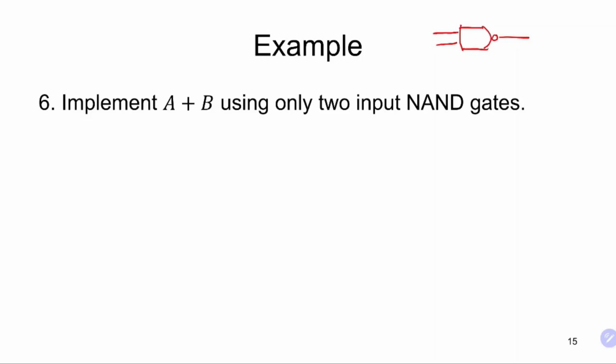So how do we do that? De Morgan's. That's De Morgan's. But we want A or B.